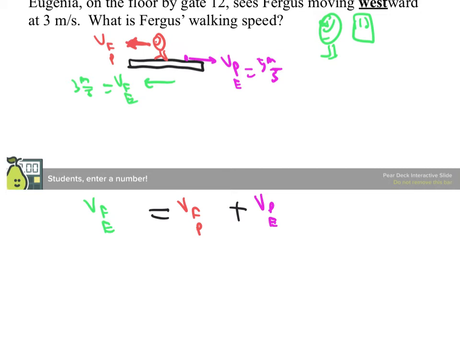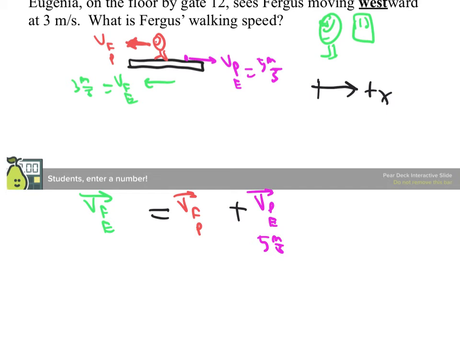Well, if we stick with our convention, and we don't have to, but let's, then we can say that the velocity of the people mover is 5. That's good. I should be clear about some of these things. This is a vector equation, and you should always be careful that it's a vector equation.